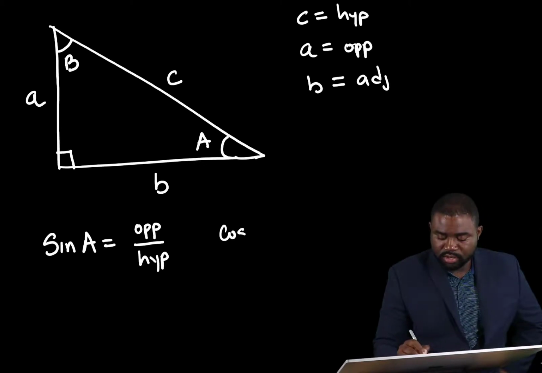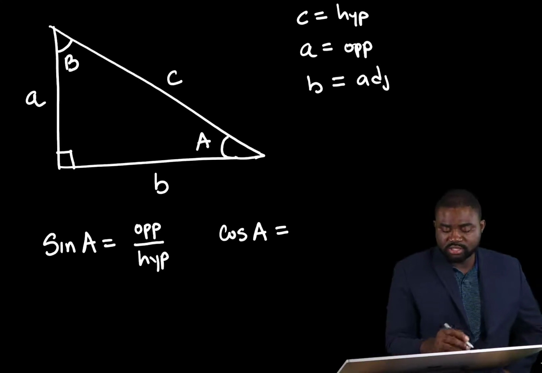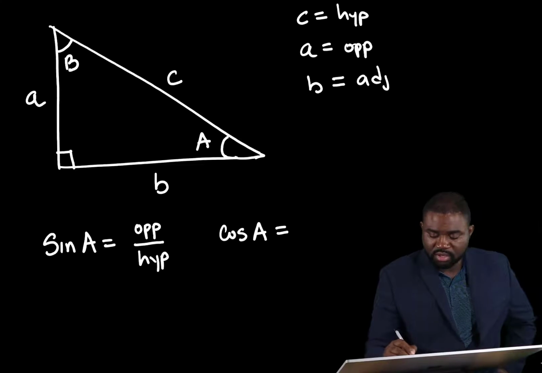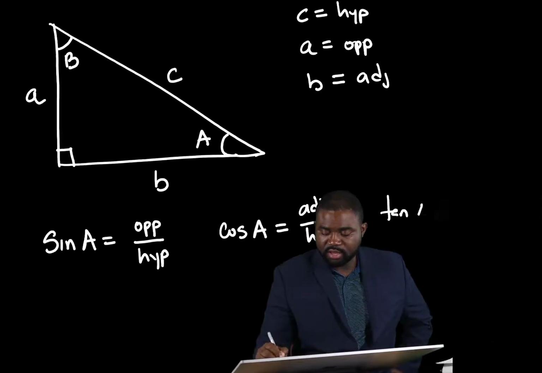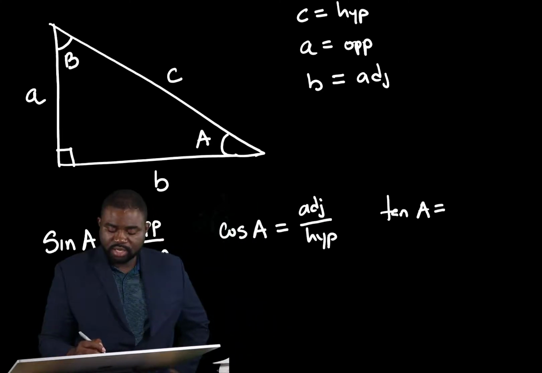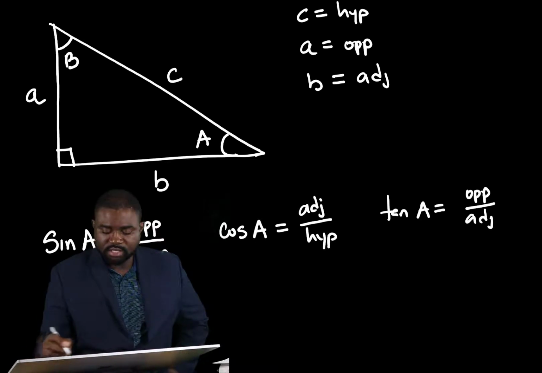The cosine of A is equal to the adjacent, the side adjacent to angle A, divided by the hypotenuse, and the tangent of A will basically be equal to the opposite divided by the adjacent.